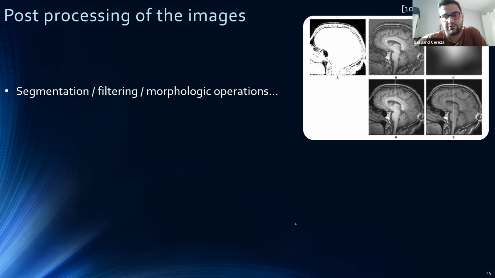That's what is really interesting with that method. We just use some image processing, like some filtering and some segmentations, to have an idea of how the B1 field inhomogeneity is in the image. And then we can just correct the initial image and get a more homogeneous one. So that works well. We can see that this image is more homogeneous than this one.